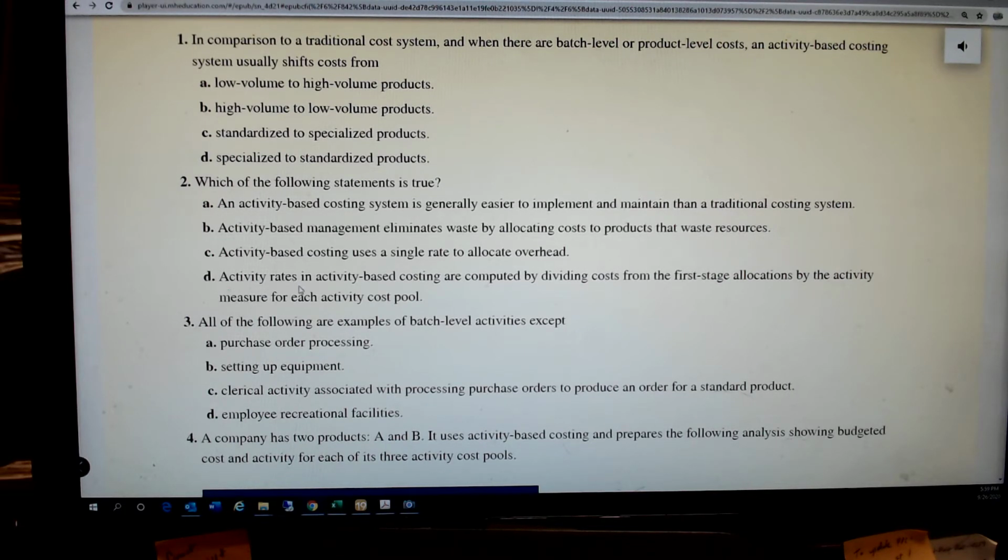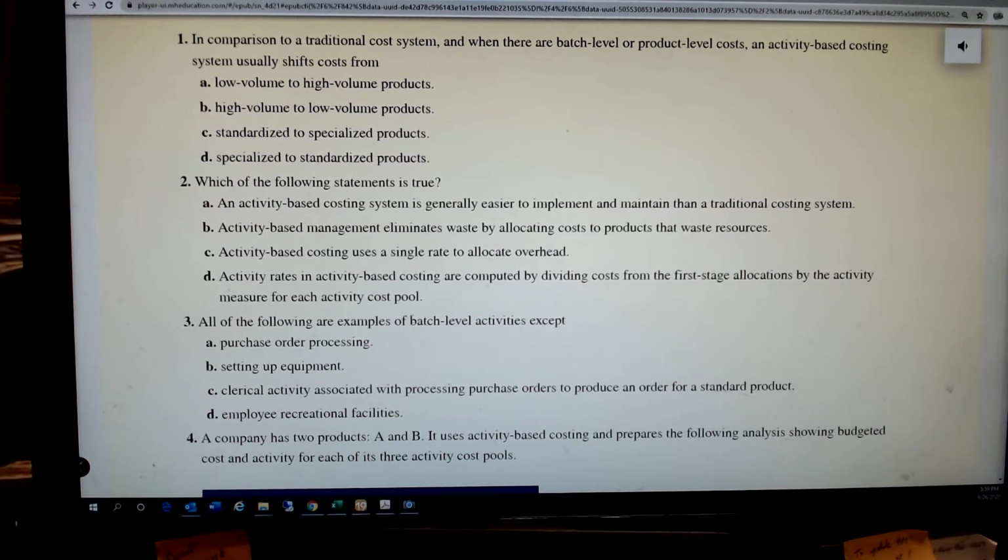D, activity rates in an activity-based costing system are computed by dividing the costs from the first stage allocation, that is, from allocating all your overhead costs to various activities, that's your first stage. And so we're dividing those costs by the activity measure for that activity cost pool. And that's true. That's exactly what we do. We allocate first stage, the factory overhead to the activities.